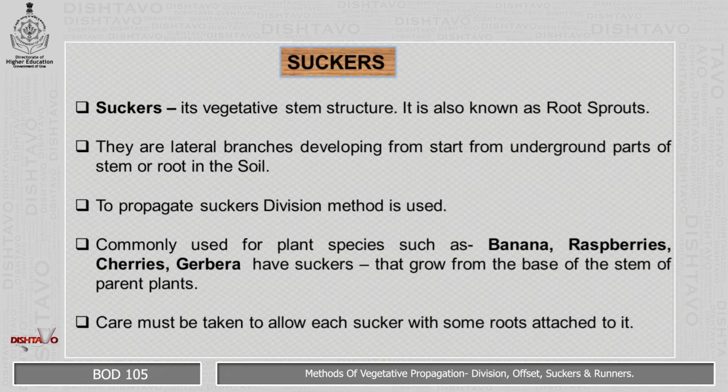Now this is commonly used for plant species such as banana, raspberries, cherries and ornamental plants like gerbera, which have suckers that grow from the base of the stem of the parent plant. Care must be taken to keep each sucker with some root attached to it before planting as a new plant.